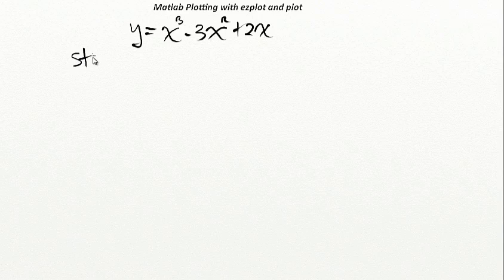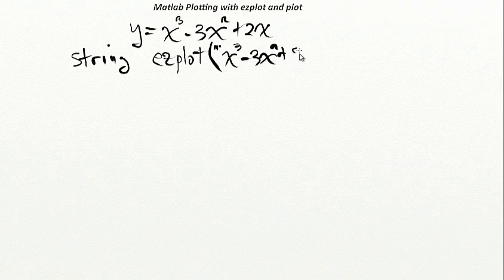So for string input, you just type ezplot and the polynomial, but you have to put it inside a quote. It should be a quote, x cubed minus 3x squared plus 2x, since it's a string.